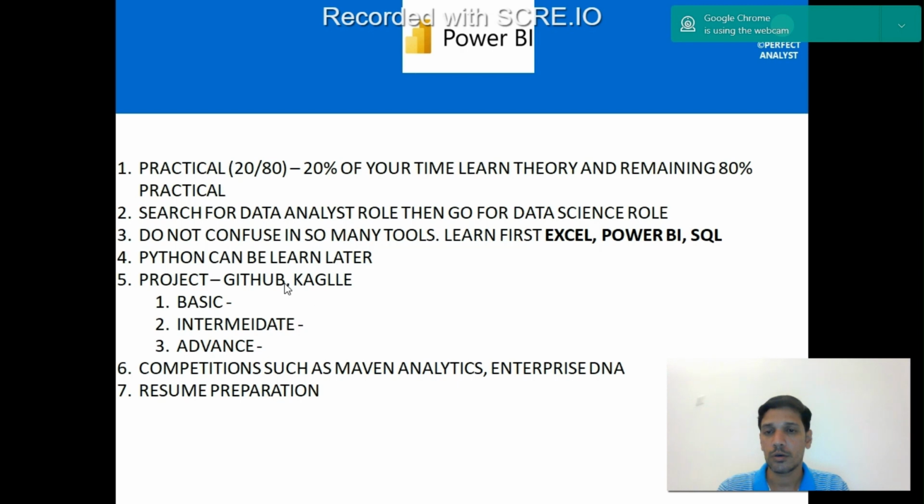So a data analyst role will be the fit for you initially. Then when you get experience of 1 or 2 years, you can go for data science roles. Meanwhile, you can start learning Python, because Python is the language that data science roles require.